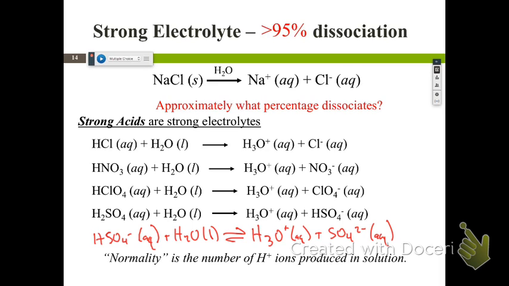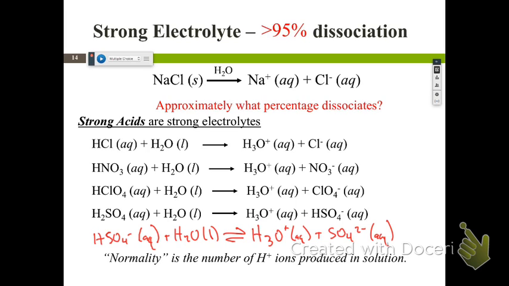So where we have hydrogen sulfate dissolved in water, what's different about that last equation, Trey, than all the others? Great, so we have an equilibrium arrow.